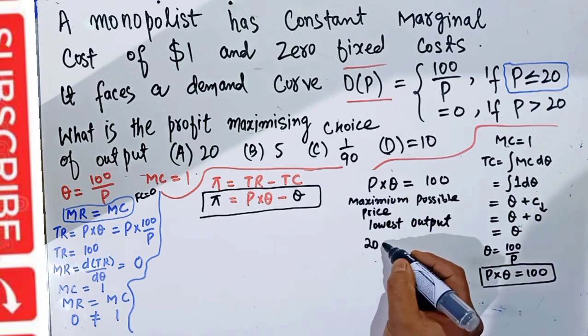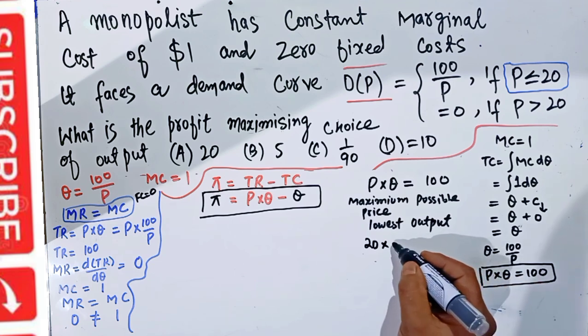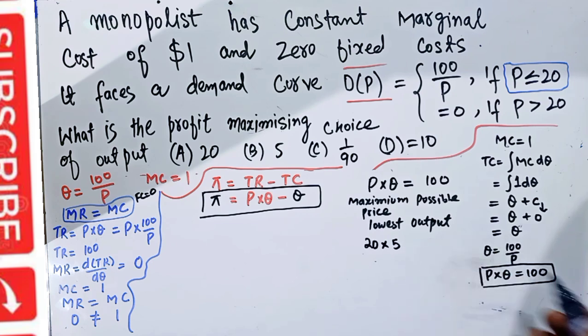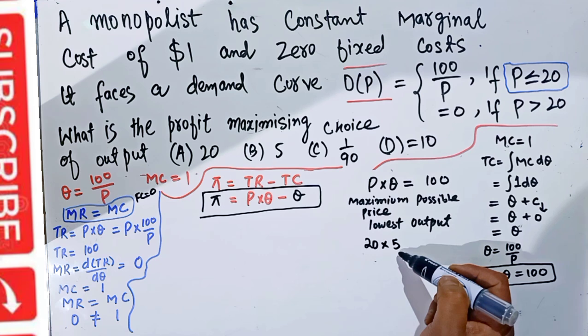If P is equal to 20, what will be Q? So that the product of these two is 100, Q will be equal to 5, since 20 into 5 is equal to 100. So P is 20, Q is 5.